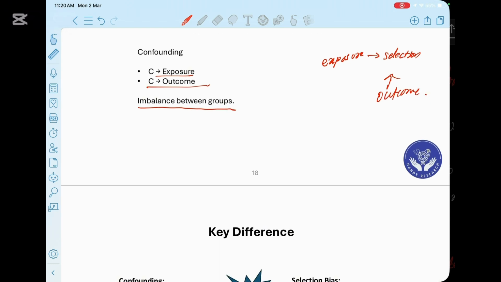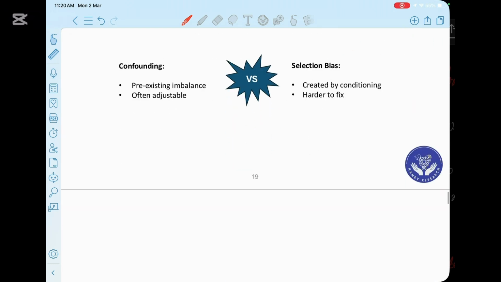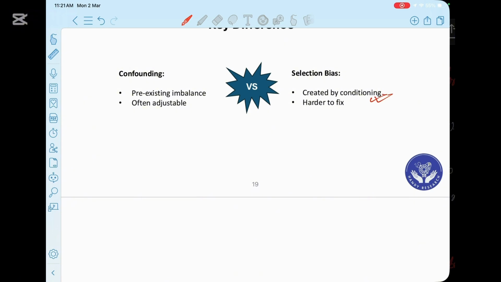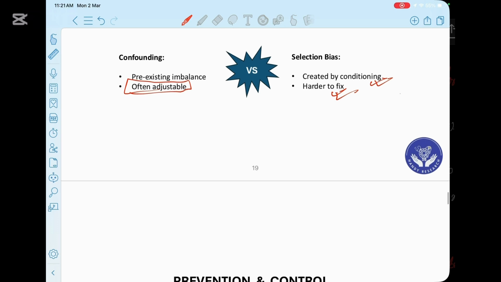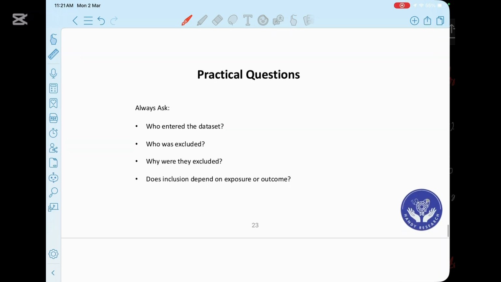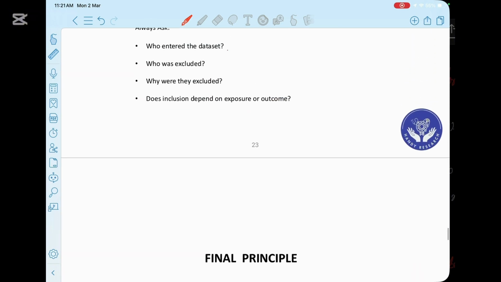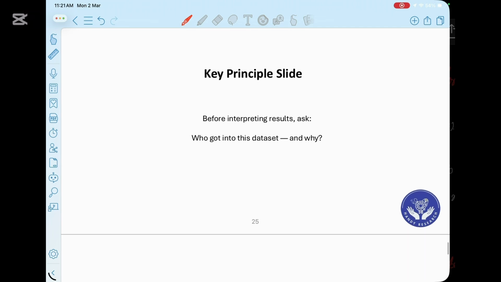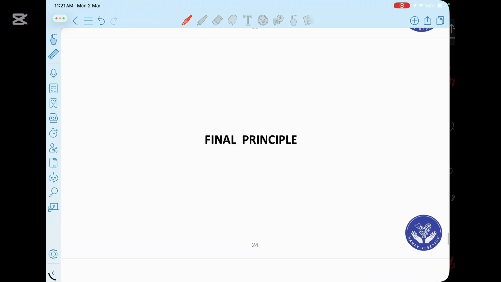Design matters more. A conceptual summary for selection bias: it always occurs when inclusion into the dataset depends on exposure, outcome, or both. It operates through collider conditioning and it can happen at recruitment, follow up, analysis, publication, and regression cannot always fix it. Remember this line, regression cannot always fix it.